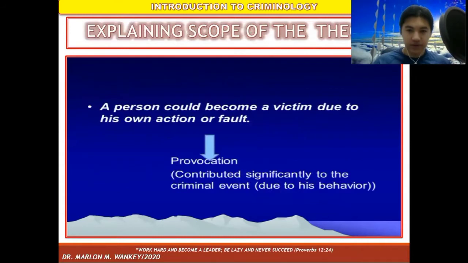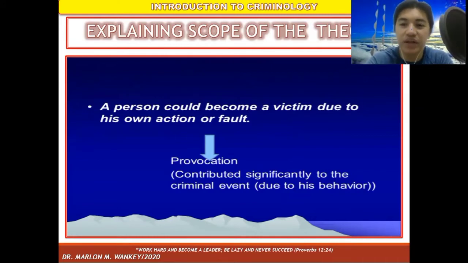Then, explaining the scope of the theory, a person could become a victim due to his own action or fault. Are you amenable? The answer is yes. It doesn't mean that a person who suffered a serious injury is considered the victim alone.